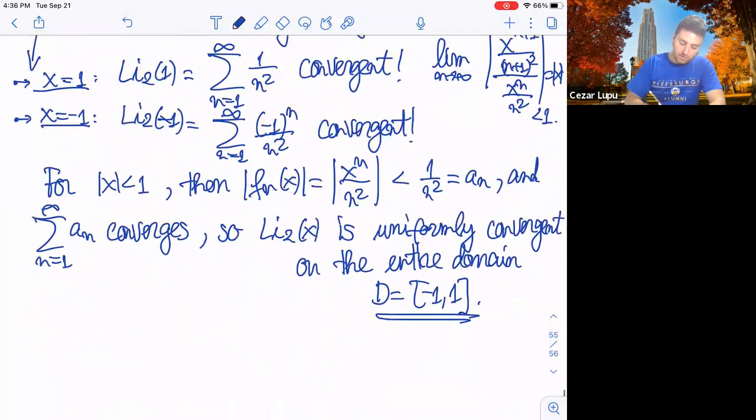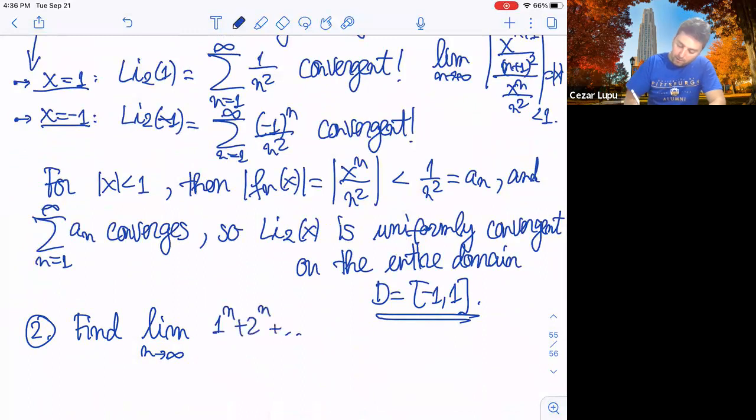So let's see, application 2. Basically, we want to find the limit as n approaches infinity of 1 to the power n plus 2 to the power n plus ... plus n to the power n, everything over n to the n. So that is the question.